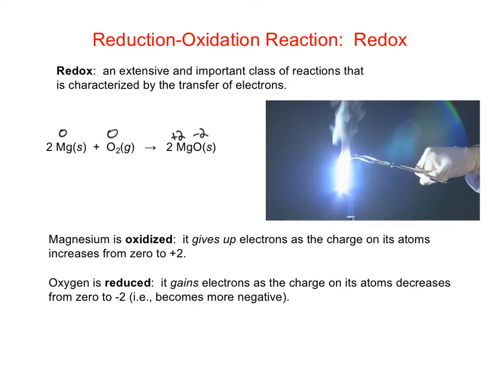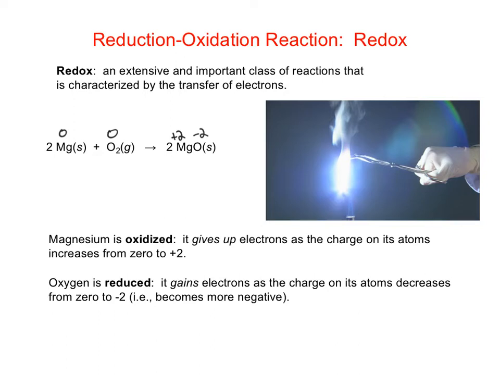Now, in terms of terminology, we have these terms reduction and oxidation. So one of the elements in a redox reaction is always reduced and another element is always oxidized. It turns out that in this case it's the magnesium that's oxidized. The atom that gives up the electrons is said to be oxidized, and the atom that gains the electrons is said to be reduced.